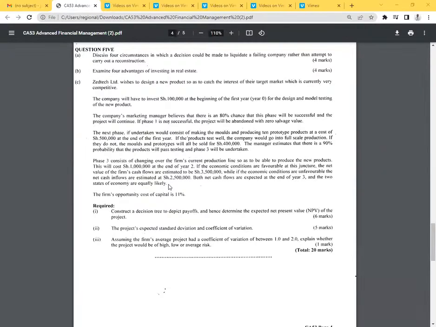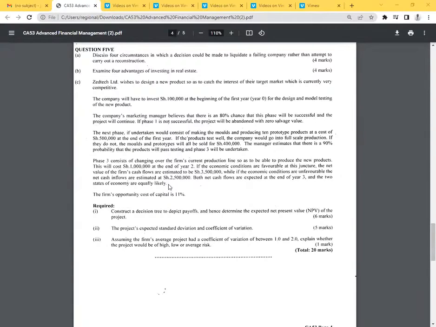If the economic conditions are favorable at this juncture, the net value of the firm's cash flows are estimated to be 3.5 million, while if the economic conditions are unfavorable, the net cash inflows are estimated at 2.5 million. Both net cash flows are expected at the end of year 3, and the two states of economy are equally likely.